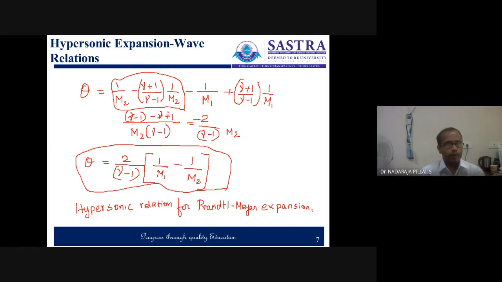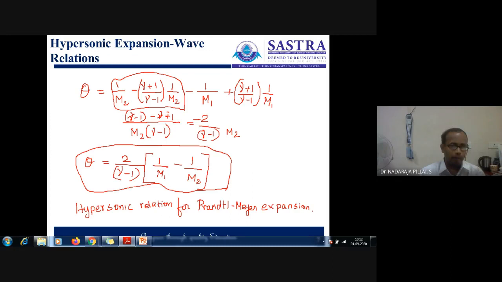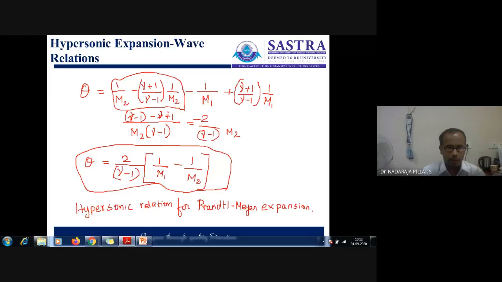Okay, but we already know that in this hypersonic relation, M1 and M2 are the upstream and the downstream Mach numbers, and theta is the flow deflection angle, right?